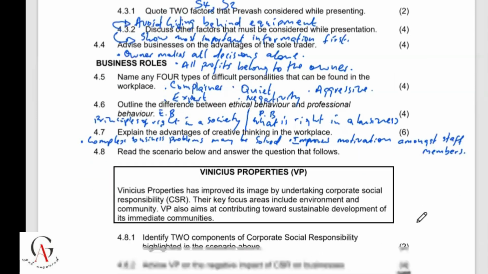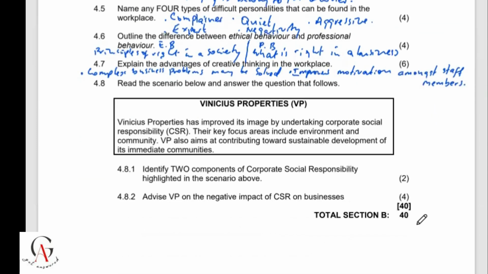Okay, right. So now let's check out 4.8. So 4.8 reads as follows. Vinicius Properties. Vinicius Properties has improved its image by undertaking corporate social responsibility. So their key focus areas include environment and community.